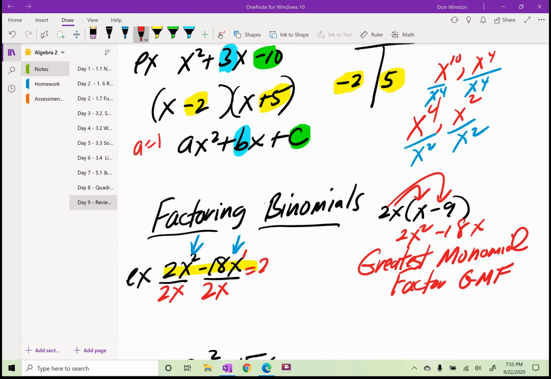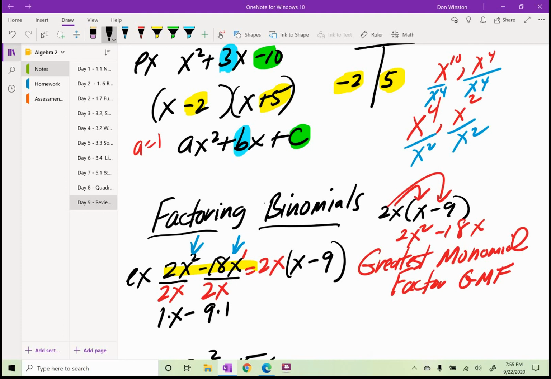It's 2x. And then we figure out what's left over, so we write our parentheses. We take 2x squared and divide that by 2x. Well, 2 divided by 2 is 1, times x squared divided by x is x. So that would just be x or 1x. Then we have our minus, and 18 divided by 2 is 9, and x divided by x is 1, so we have our 9 times 1.